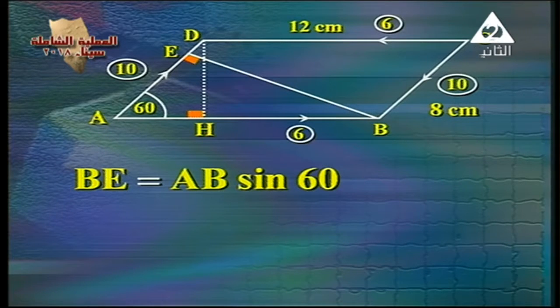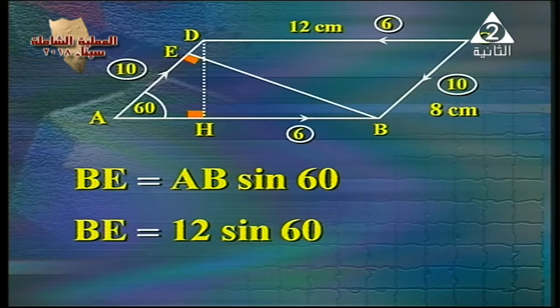Remember, BE is the distance between the two forces of 10 kilogram weight. DH is also the distance between the two forces which act on AB and CD. BE equals 12 sine 60, and sine 60 is root 3 over 2, so BE equals 6 root 3 centimeters.